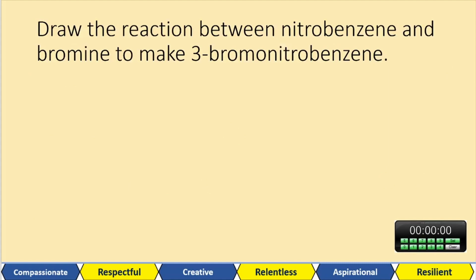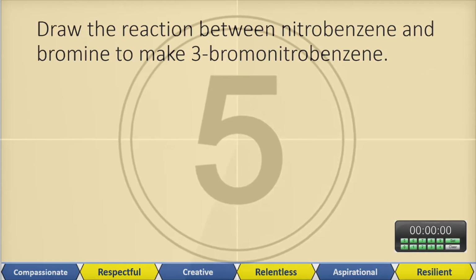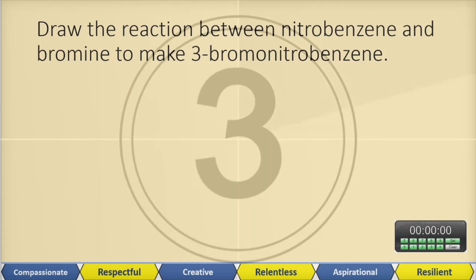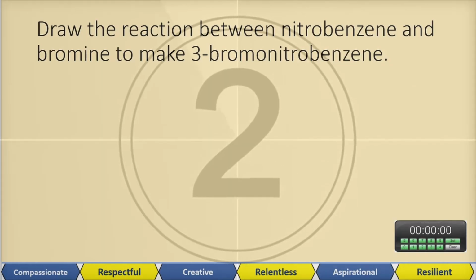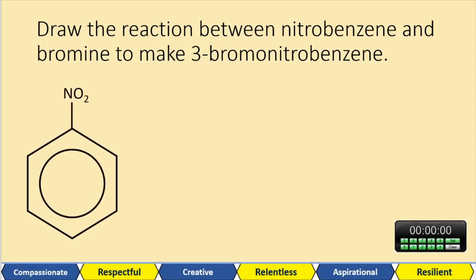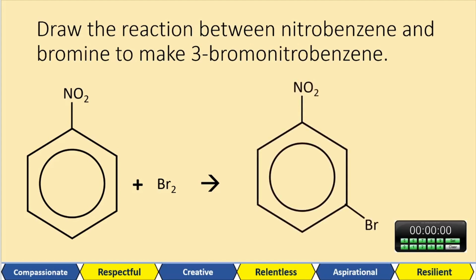Draw the reaction between nitrobenzene and bromine to make 3-bromonitrobenzene. So we start with our nitrobenzene, and again we're going to add bromine, and that gives us 3-bromonitrobenzene.